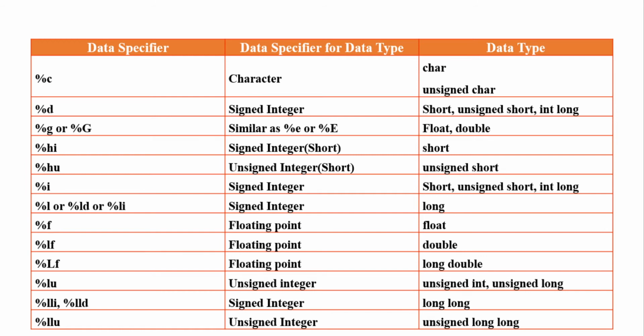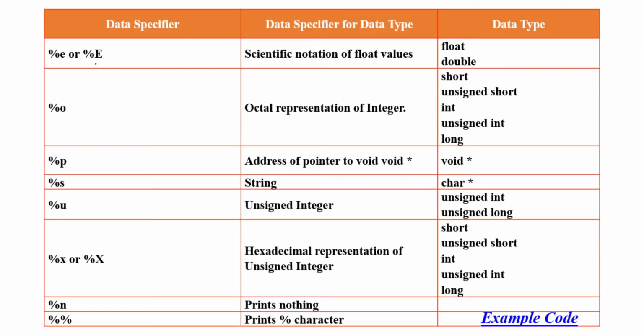You can keep this chart or make a note of it and try different data specifiers in the example program. Similarly, there is %e, which represents exponential notation. For example, you might have seen 3.2e10.